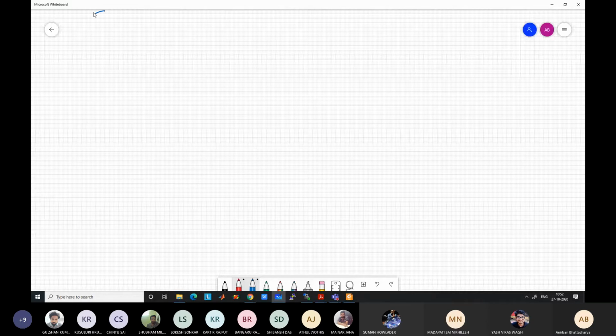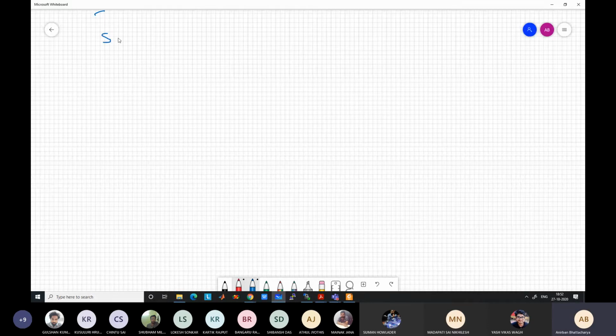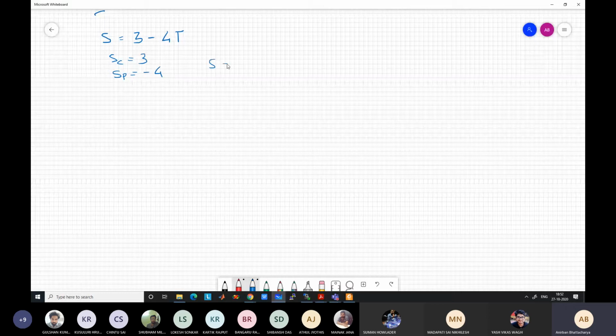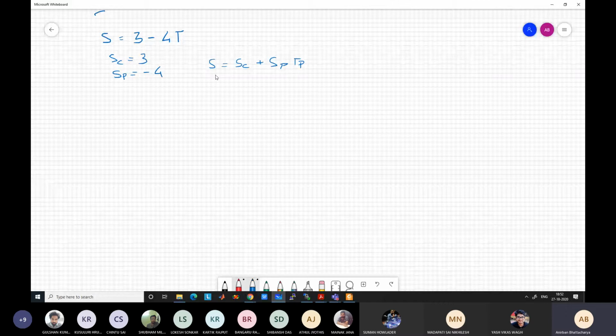Everyone will say that we should take SC is equal to 3 and SP is equal to minus 4, because this satisfies our criteria that S is equal to SC plus SP TP. TP means for that grid point P. In general, the source term is S equal to 3 minus 4T.